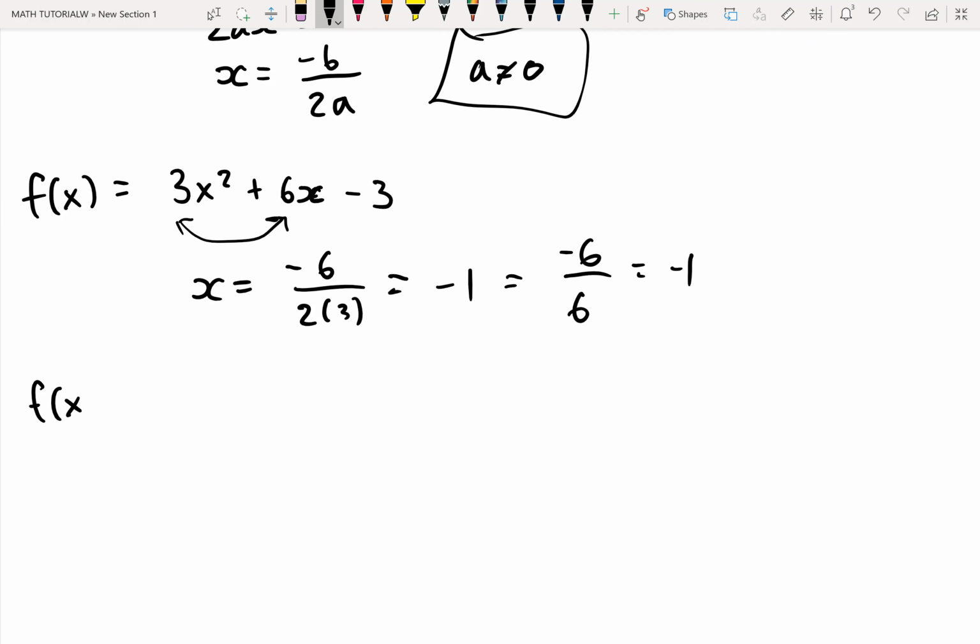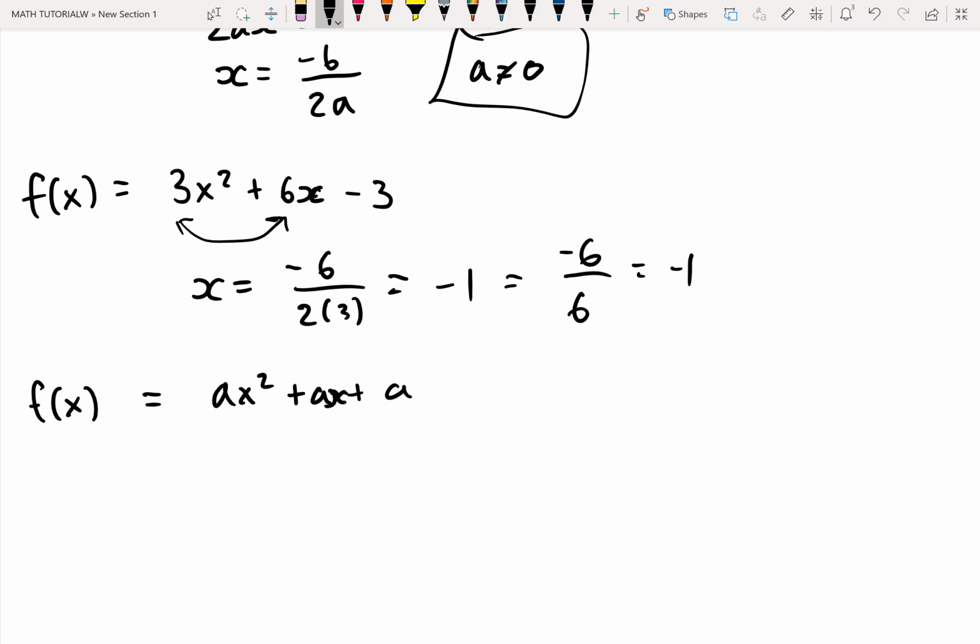f of x is equal to ax squared plus ax plus a. And you might be thinking, okay, this is interesting, we have all the same constants.